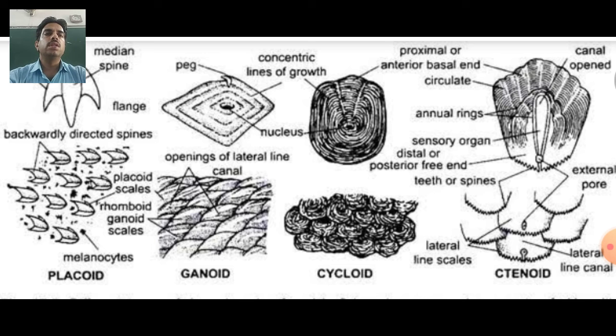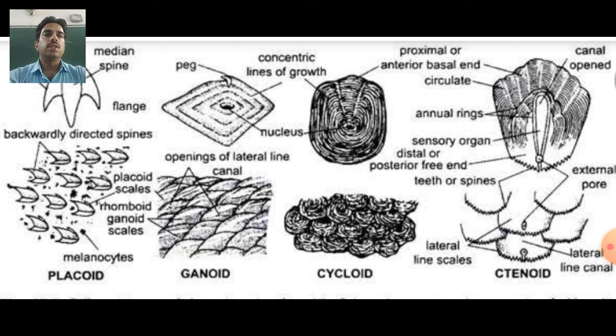And you can see the structure of the third scale on the screen, that is cycloid scales. There are concentric lines of growth and a central nucleus. These concentric lines of growth are also helpful in the determination of the age of a fish.